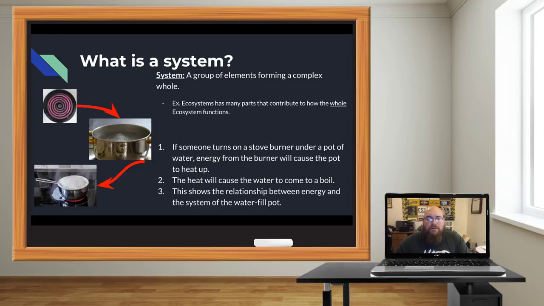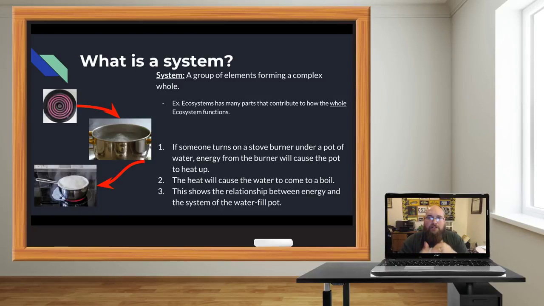If someone turns on the stove burner and it's underneath a pot of water, energy from that burner will cause the pot to heat up. We learned that in heat transfer. The heat will then cause the water to come to a boil. Well, this is a small system. This shows the relationship between energy and the system of the water-filled pot. We introduce energy through the stovetop.